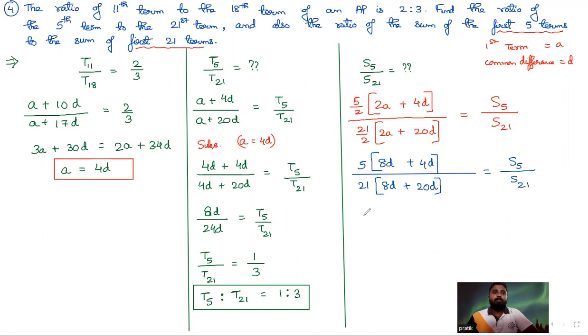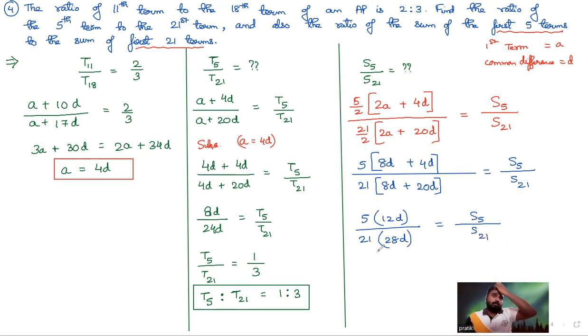So this will be 5 into 12d divided by 21 into 28d, which is the sum of the first 5 terms to the sum of the 21 terms.